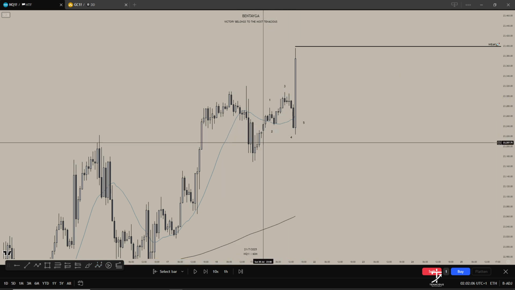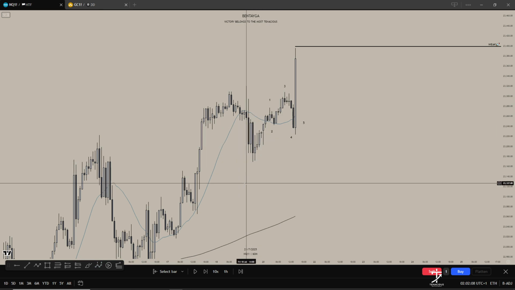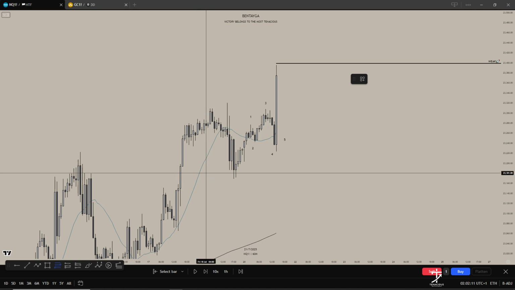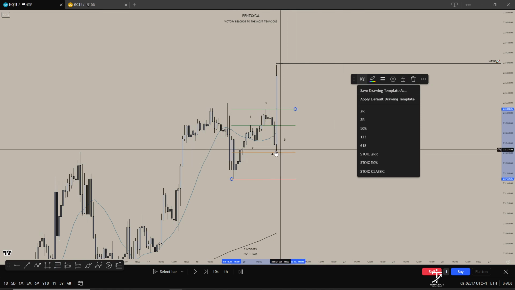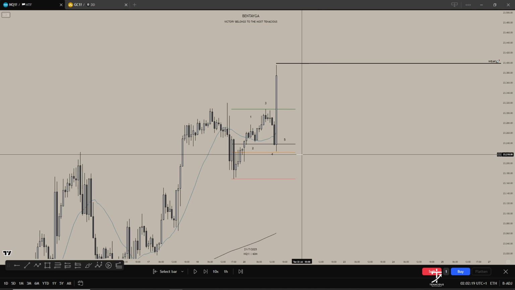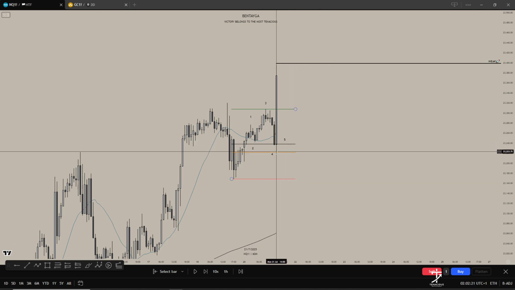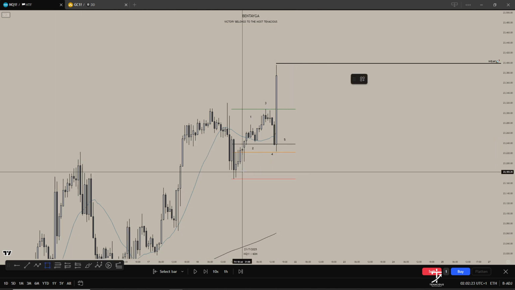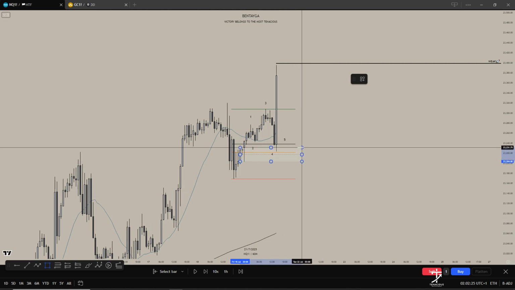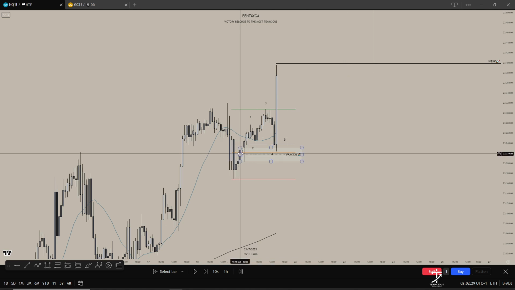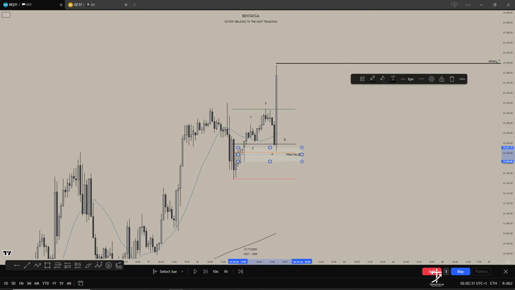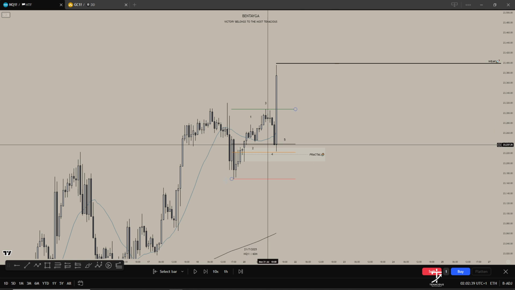I mean, I wouldn't say this is the SNDR, but it's an area of supply and demand. And do it from this low to this high here. You can see we come close to tapping the 618, but we do at least mitigate the 50%. We tap into this wick fractal right there, and then price continues higher.